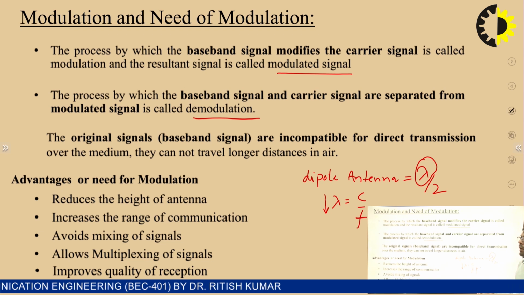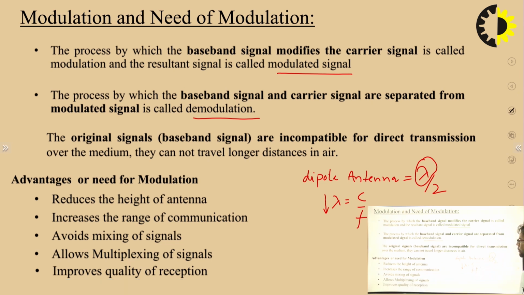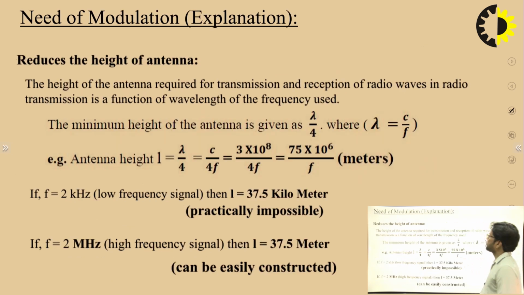It is justified as, if you increase the frequency of the low frequency signal, it will move far, to a farther distance than before. The third one is avoiding mixing of signals, allowing multiplexing of signals, and improving the quality of reception. We will discuss these one by one in the further slides.